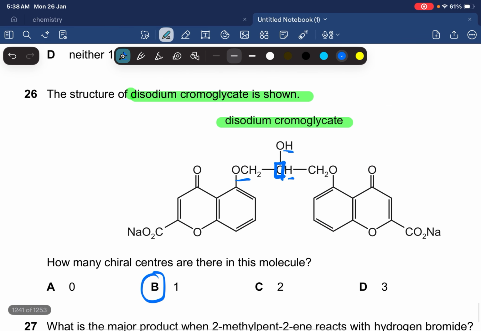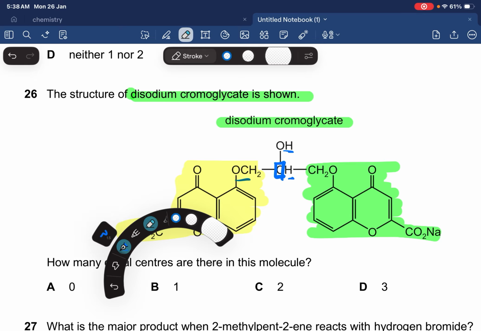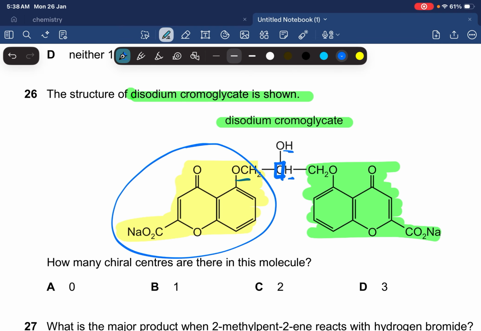Oh, we don't have any chiral centers because I just realized. Look at this part of the chain. And now look at this part of the chain. They're exactly identical. And since they're exactly identical, this group and this group are the same.